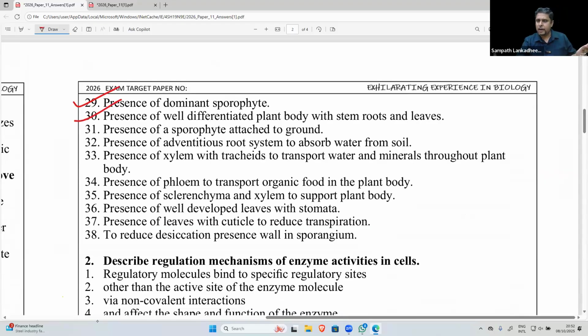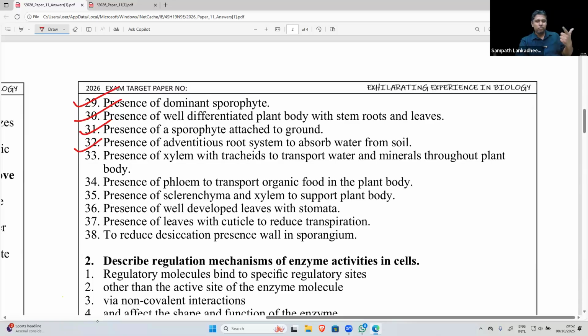A well-differentiated plant body with stem, roots and leaves is present in Nephrolepis. Pogonatum sporophyte does not have that. The sporophyte is attached to the ground in Nephrolepis, while Pogonatum depends on the female gametophyte. Presence of an adventitious root system. Pogonatum does not have a root system.